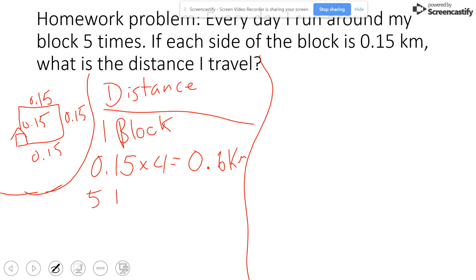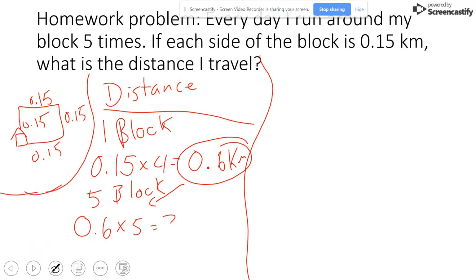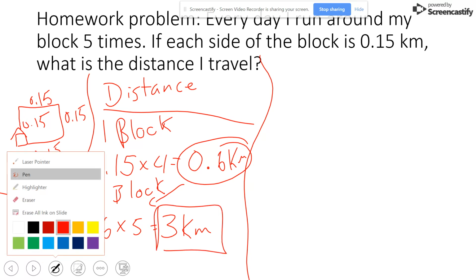But we go around the block 5 times, not just once. So we're going to take our answer from here, 0.6, and multiply that by 5, and that's going to give us 3 kilometers. So there is my distance that I've found. So every morning I walk about 3 kilometers.